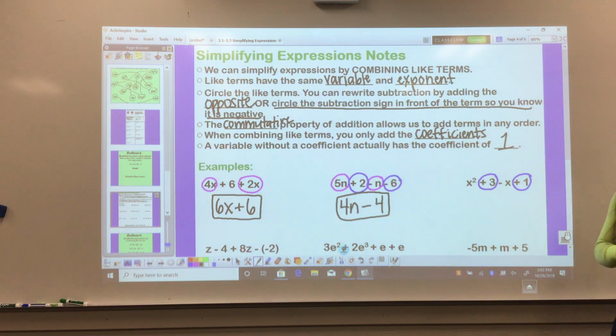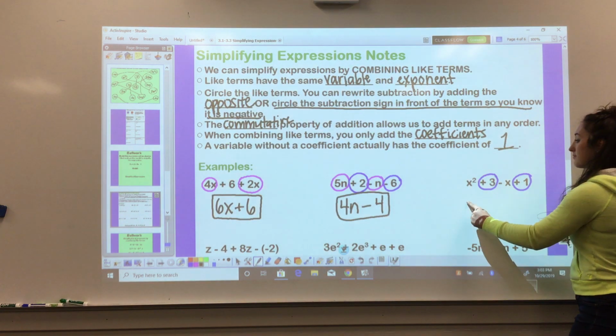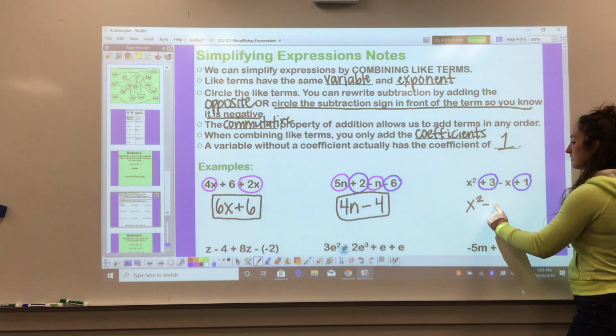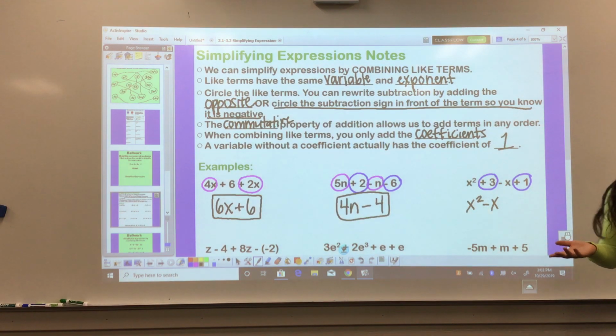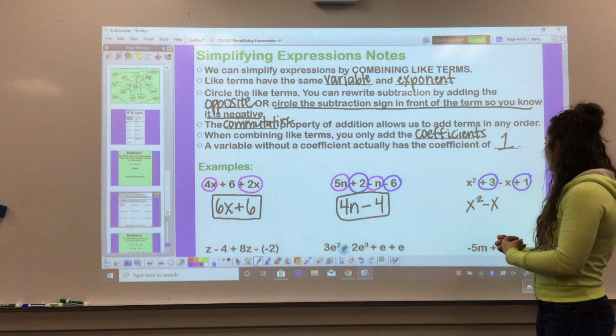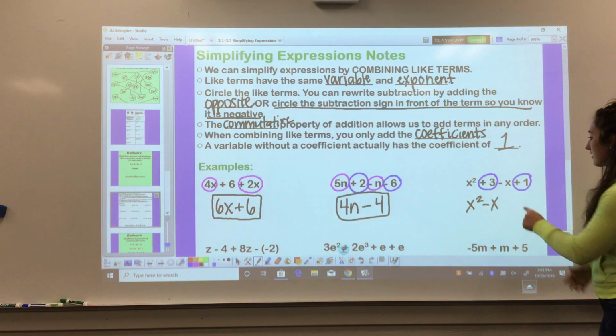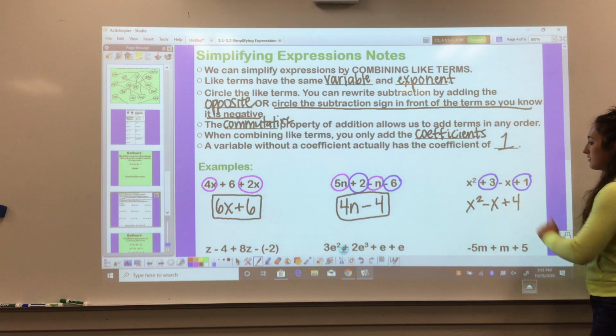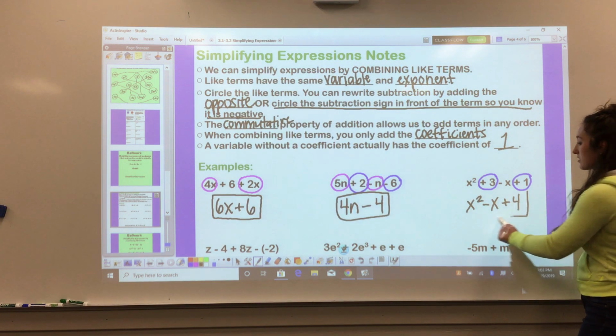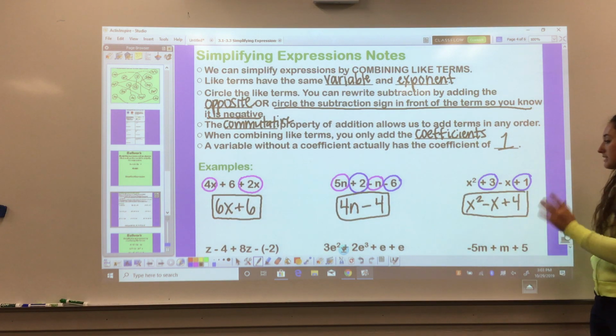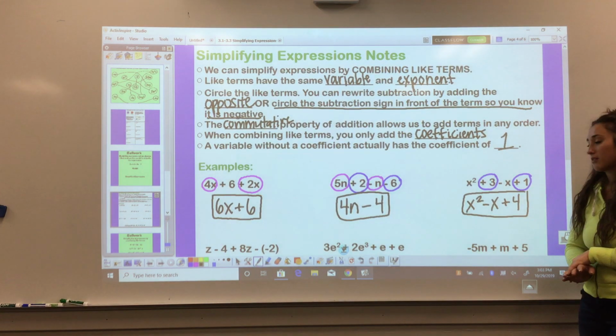So you can circle those in whatever color you'd like. The x squared and the minus x, you can't combine them with anything, so you'll just carry those down. But 3 and 1 I can combine to create 4. So our simplified expression is x squared minus x plus 4.